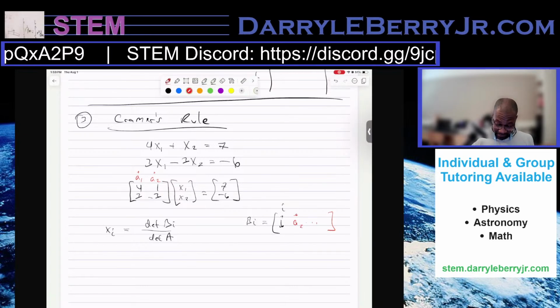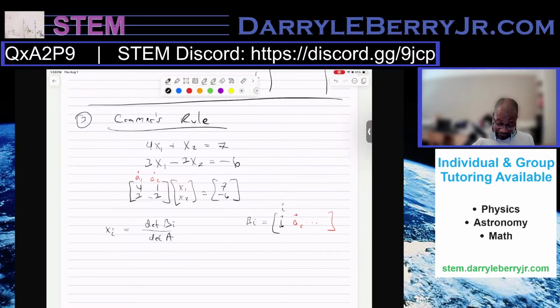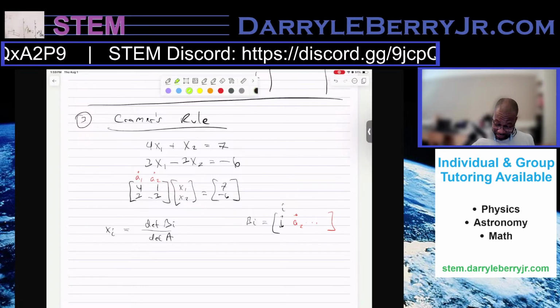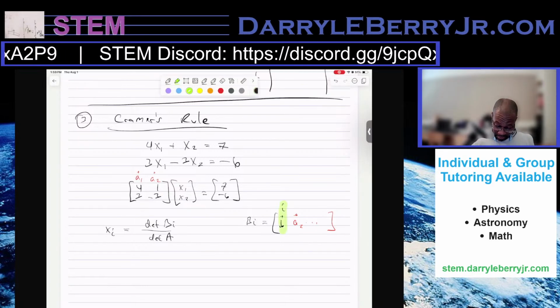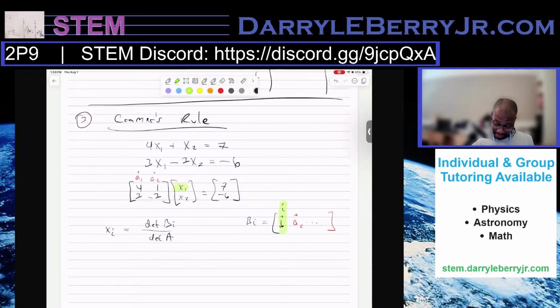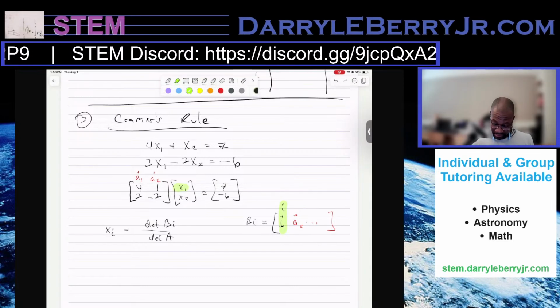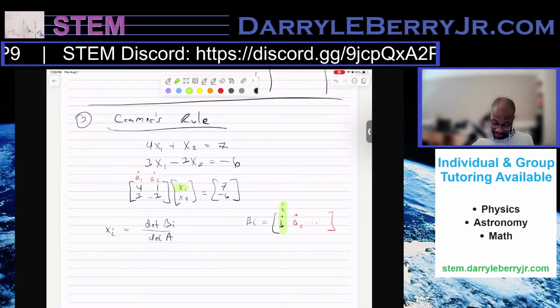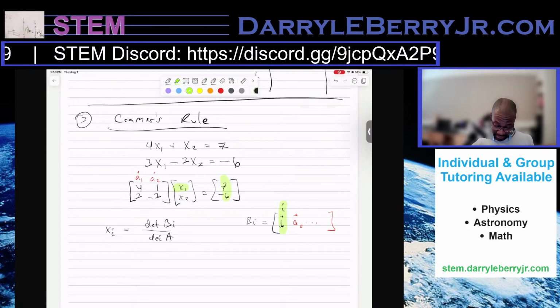Everything else is the same, but just the vector that we want the answer to, we replace that column in the matrix with the vector b, and then we solve.